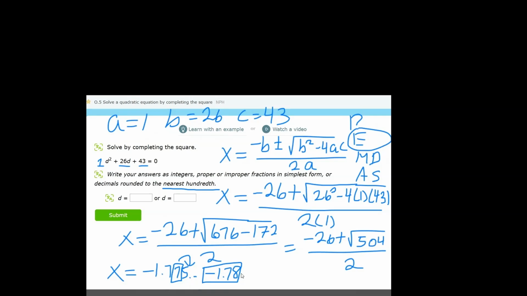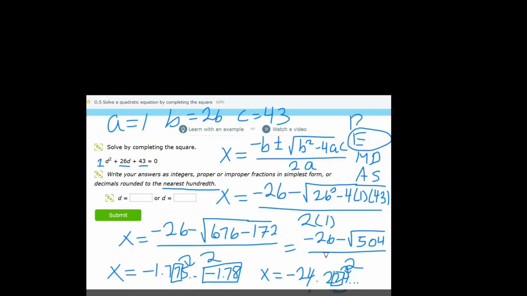Now, for the other solution, you're going to do the exact same thing, except instead of a plus here, you're going to have a minus. And if you put that into the calculator, you should get x equals negative 24.224, etc. We're going to look at our hundredths place and then look to our right-door neighbor.